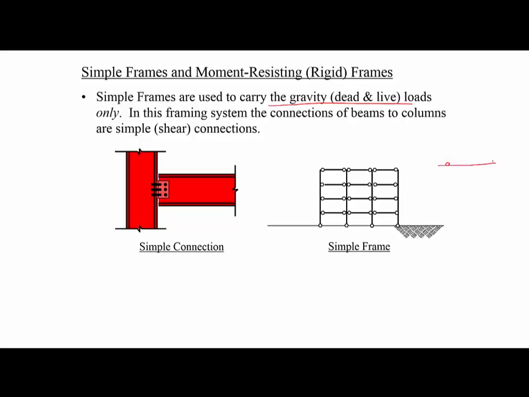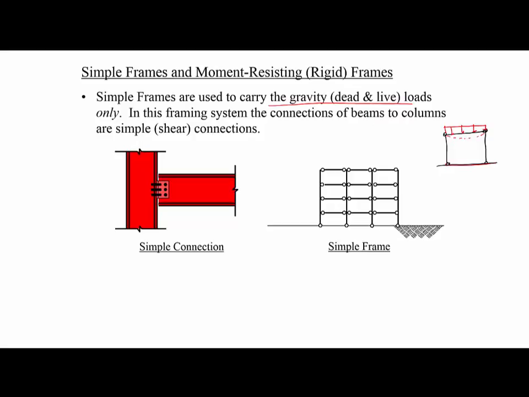Let's suppose that we have a one-story structure, and it is pin connected. Now, if this building is subjected to a gravity load, then the beam can deflect.